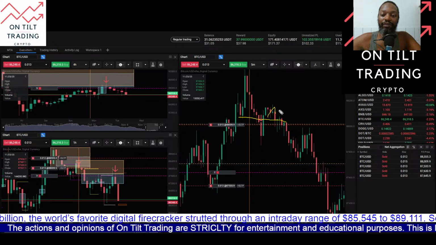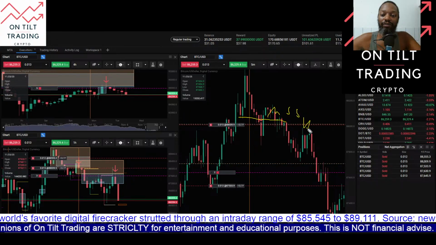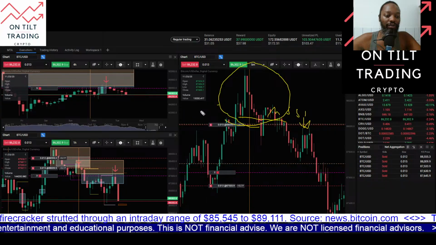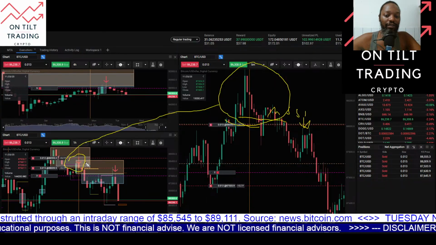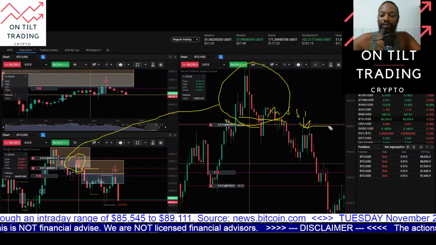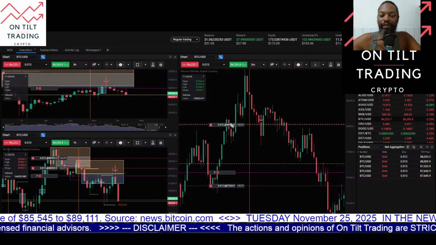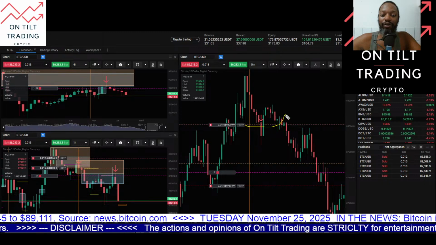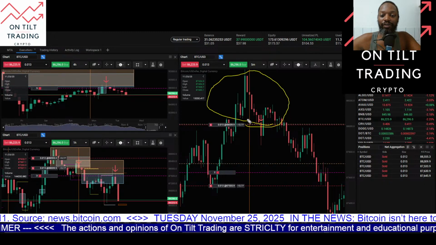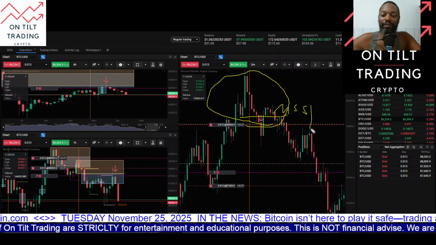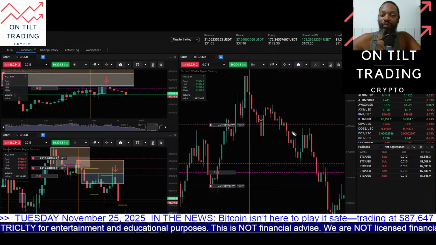But at this level, there's a market structure shift here to the sell side. And this area here is equivalent to this area here. So this area where you're seeing this dotted line right here, this is the low of the order block here on the 1-hour chart. And this is the price action happening within it, and this market structure shift here takes place within the order block.